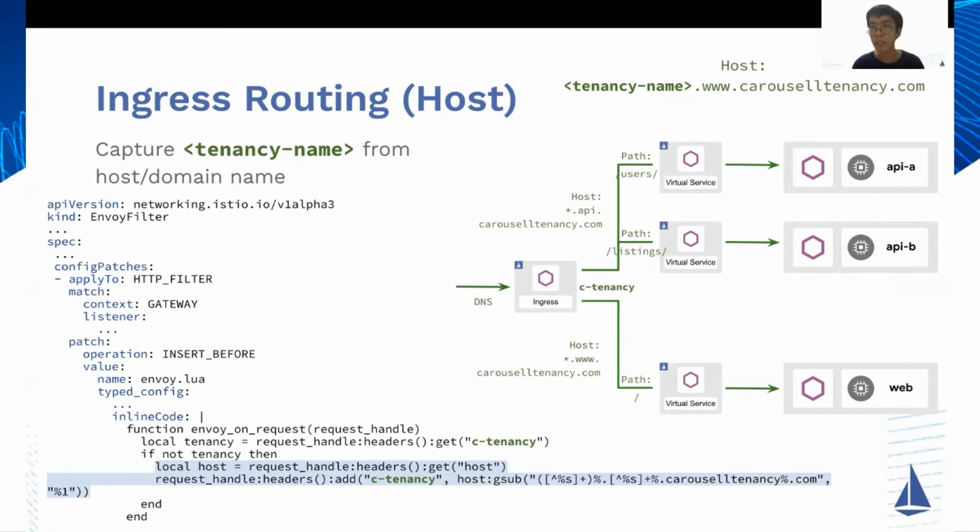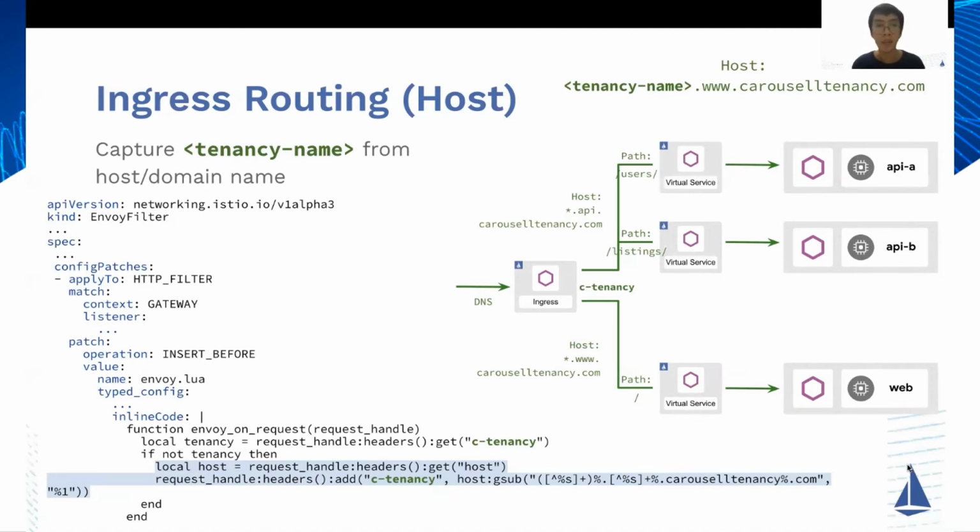So for that, we have a workaround, which is to use a custom DNS domain. Here we have star.api.carouseltenancy.com for our API endpoint, and star.www.carouseltenancy.com for our website front-end endpoint. So the first portion is actually the tenancy name.